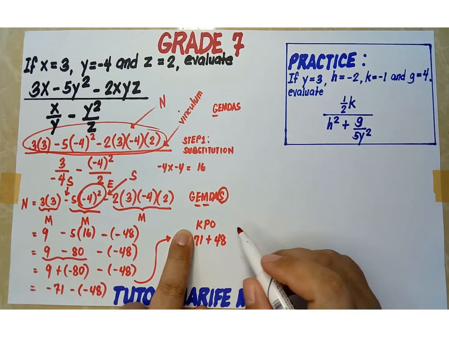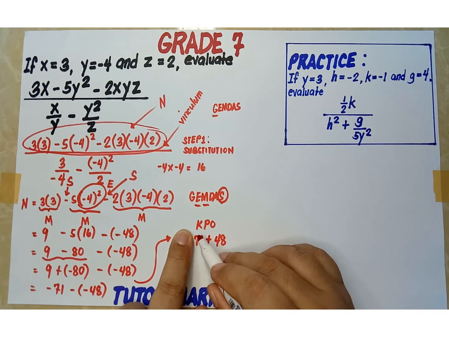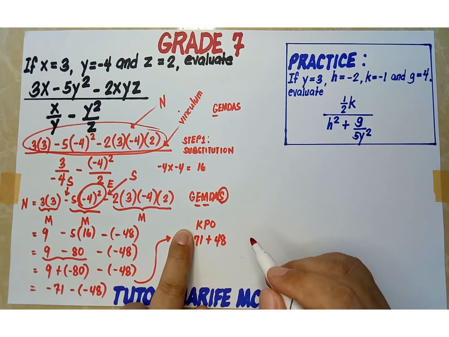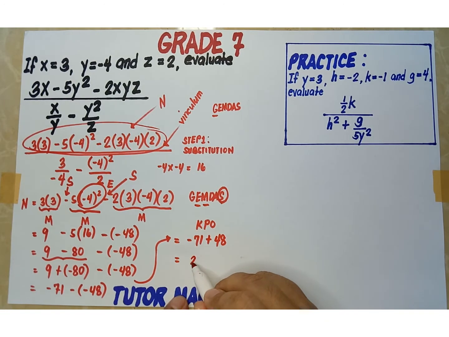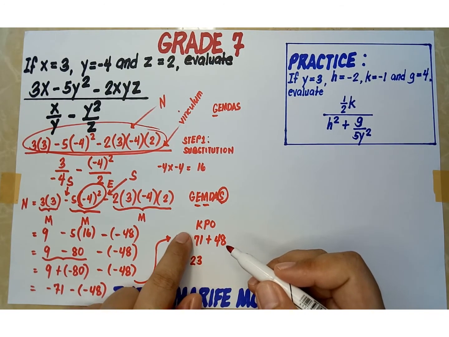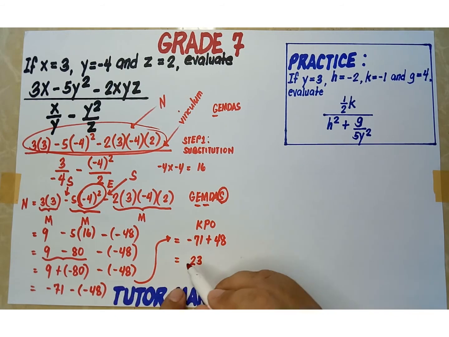Subtract the absolute values. Larger absolute value, 71, minus the smaller absolute value, 23. Then follow the sign of the number with larger absolute value. So the answer is negative 23.